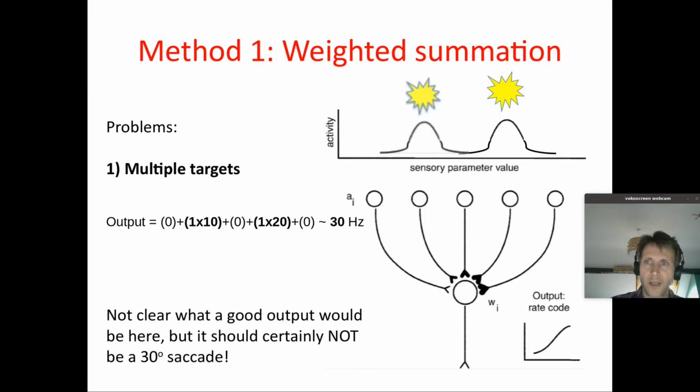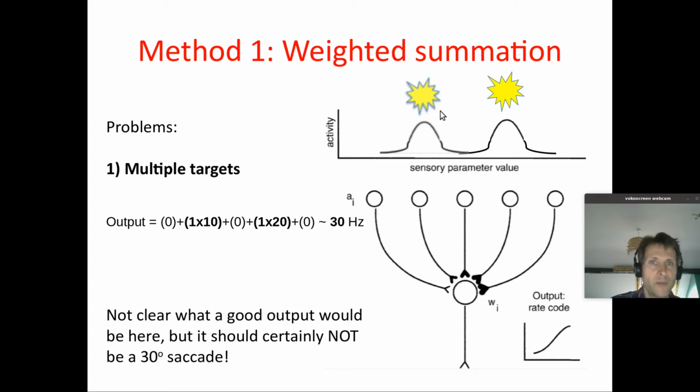Job done. There is a problem though, and the problem occurs when you imagine two targets, or rather two stimuli. So if we now say that there's a stimulus at 20 degrees and a stimulus at 10 degrees, and we do the sum over all of those neurons, now we've essentially got 1 times 10 plus 1 times 20, which gives us a 30 hertz firing rate. Now, it's not clear what a good output should be for this eye movement.